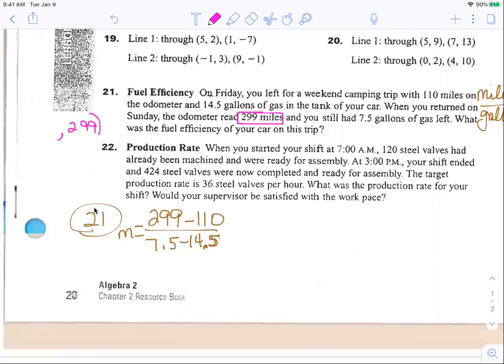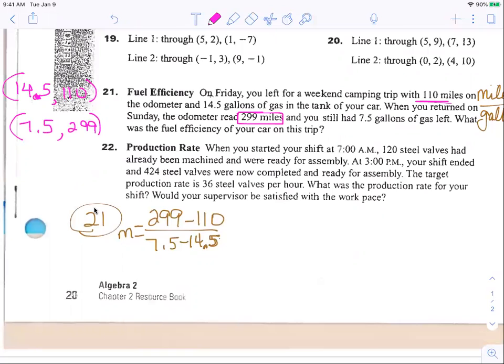And at that value, I had 7.5 gallons of gas in my tank. So that's our end result, which represents Y2. We began with 110 miles, so I could call that Y1 because that's how much I started with, and I started with 14.5 gallons in my tank. If you wanted to think of it as ordered pairs and associate it with X and Y, this is the way you could do that.